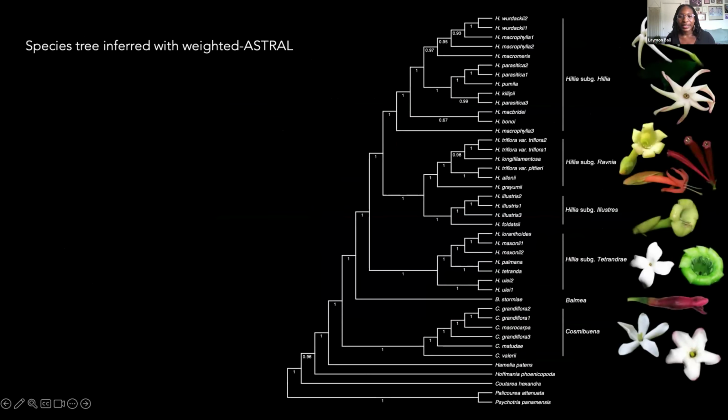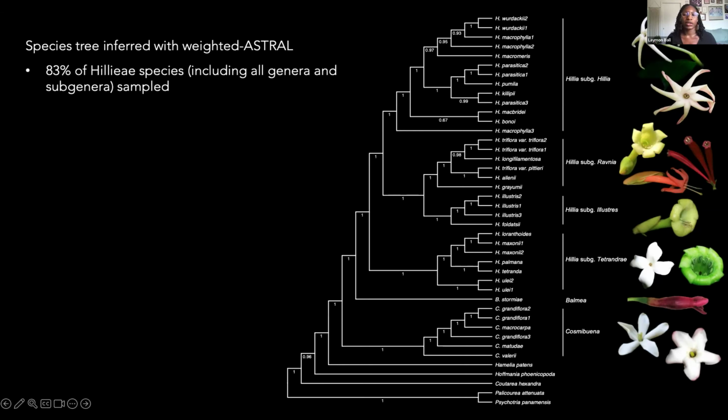And so here is the Hyliae species tree that I inferred after wrangling all of that genomic data that I got with the probe set. We sampled about 83% of all species in the tribe and included representatives from all genera and subgenera. 1,375 filtered gene trees went into that ASTRAL species tree analysis.